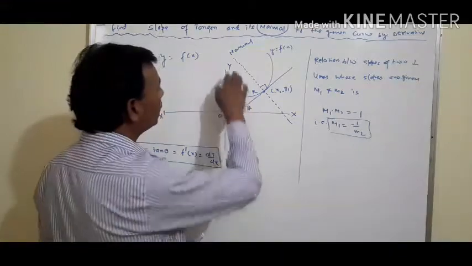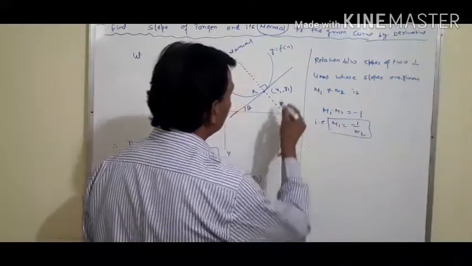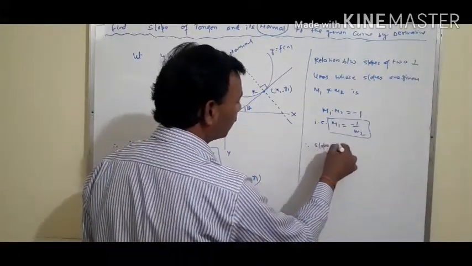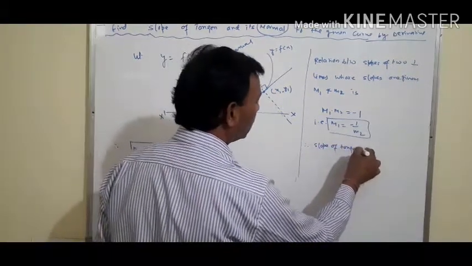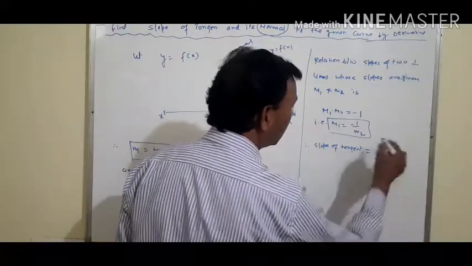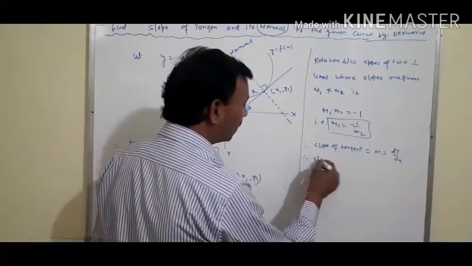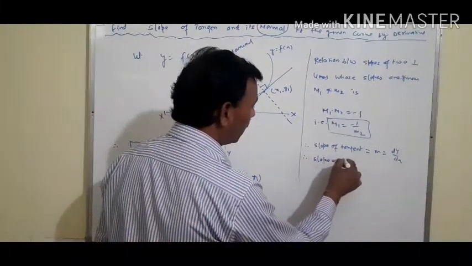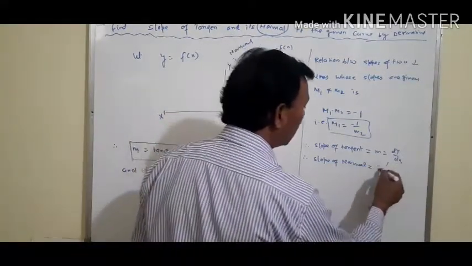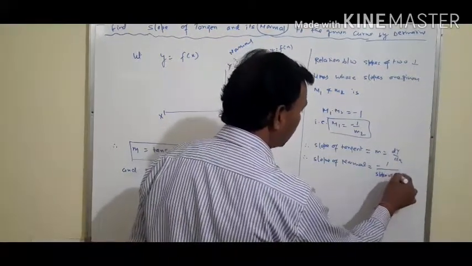Since normal and tangent are both perpendicular, and the slope of tangent is m equal to dy upon dx or f dash of x, therefore the slope of normal is equal to -1 upon the slope of tangent.